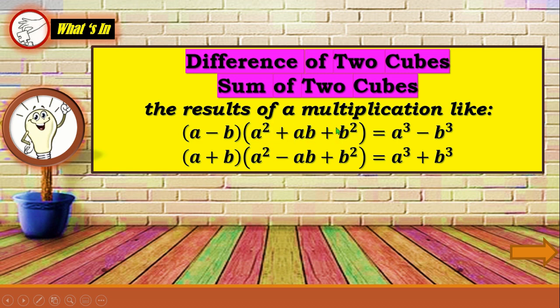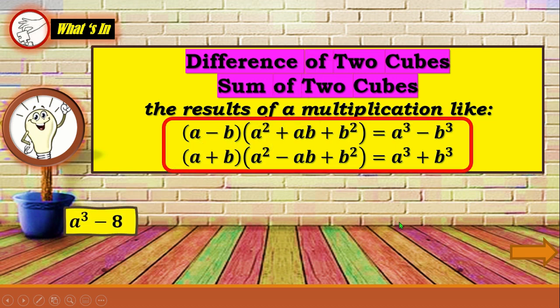A squared plus ab plus b squared is equal to a cubed minus b cubed. In the same manner, we have a plus b. We distribute our terms of the binomial to the terms in our trinomial. A squared minus ab plus b squared is equal to a cubed plus b cubed.